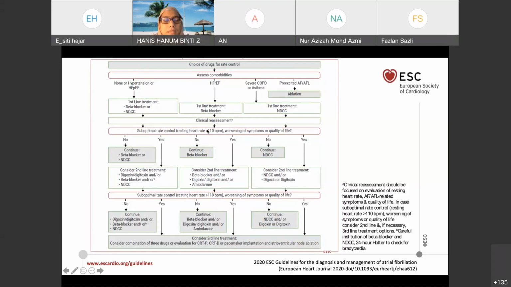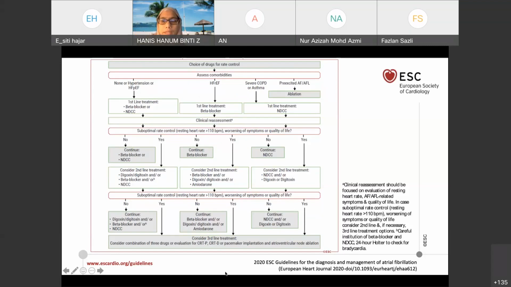Like I said, if there is suboptimal rate control, this is when the patient is stable. If they're not stable, don't give beta blockers yet, because beta blocker will block contraction of the heart and make it worse.